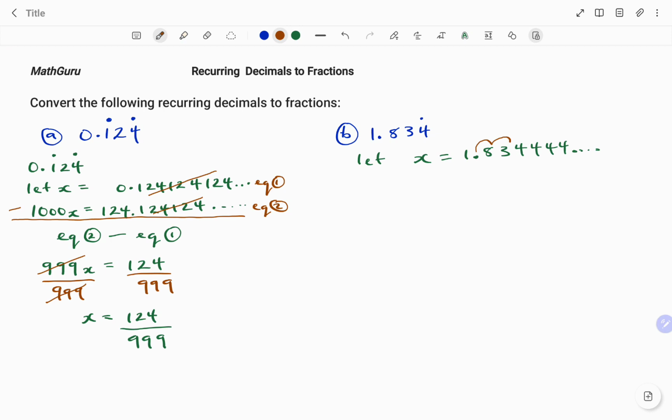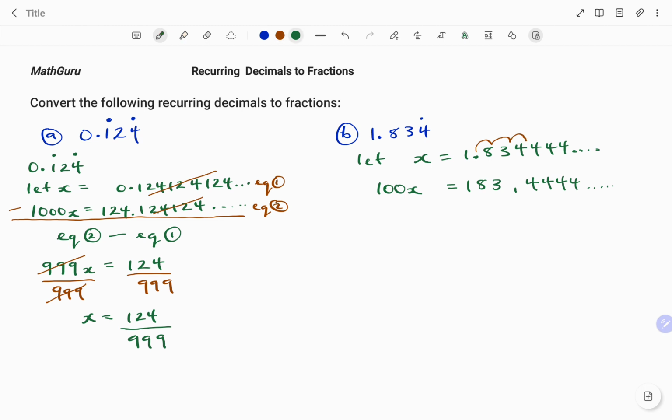So therefore, multiplying by 100, and note that whatever you do on your left, you do on your right, I'm going to have 100x on my left equals 183.4444, and that goes on. And likewise, if I multiply by 1,000, that means I'm shifting the decimal place one more to the right.